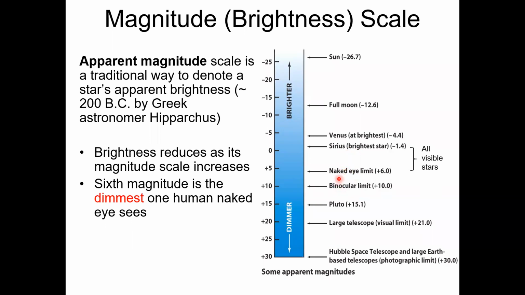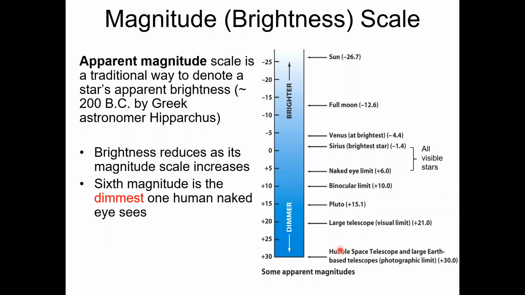And then you have the naked eye limit, the binocular limit, and then you need large telescopes to see other faint objects. And then you go to the Hubble Space Telescope above the atmosphere, free of any light pollution, free of any clouds. You can see much clearer, so you can see much farther. So that is the entire spectrum.